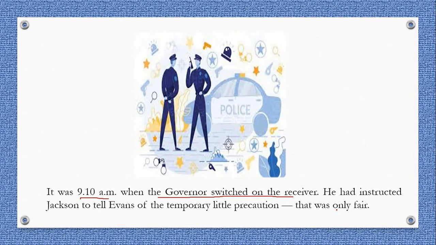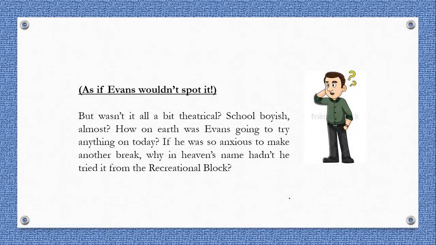But wasn't it all a bit theatrical, schoolboyish almost? How on earth was Evans going to try anything on today? If he was so anxious to make another break, why in heaven's name hadn't he tried it from the recreational block?